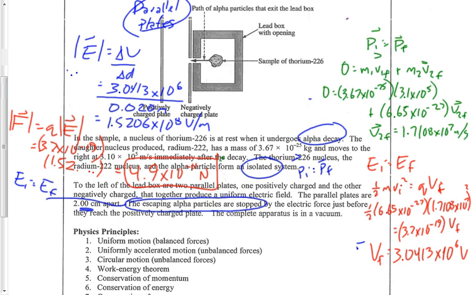Once we get this, we could say maybe VF squared equals VI squared plus 2AD. VF would be 0. This charged particle is slowing down and stopping, right? VF would be 0. VI would be 1.71.